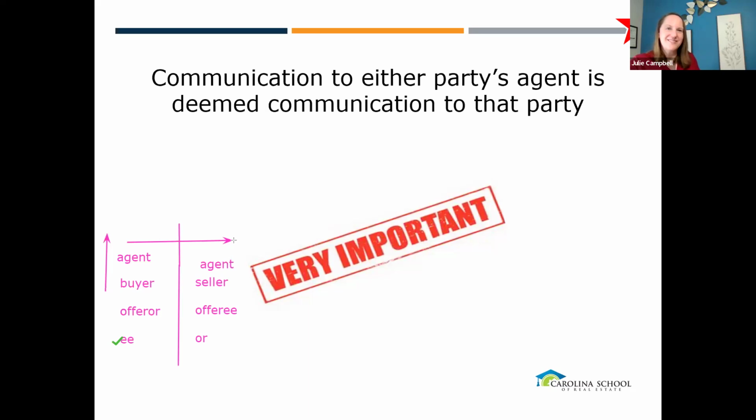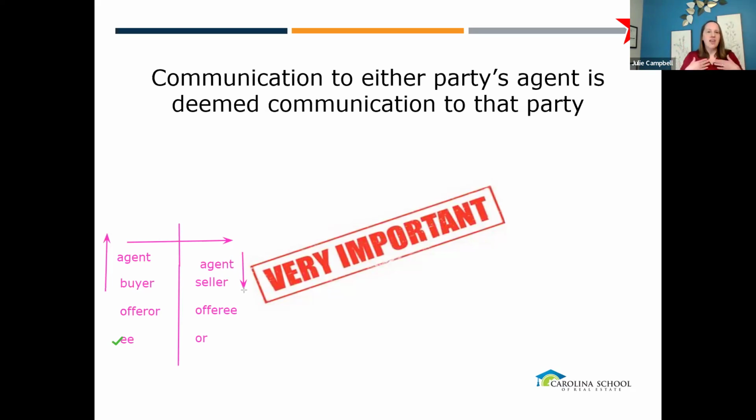Contact your seller and let them know. That's right. Call the seller and tell them the good news. As the listing agent, once you have that communication of acceptance, you're not calling the seller now and saying, are you sure? No. This phone call is, congratulations, you are under contract to sell your house.